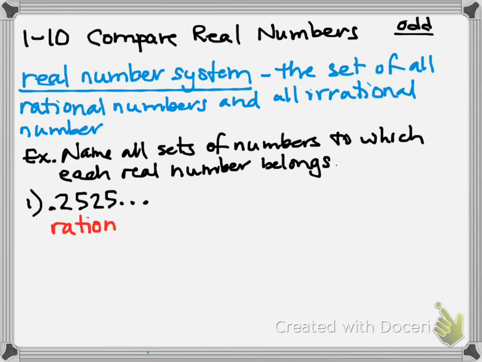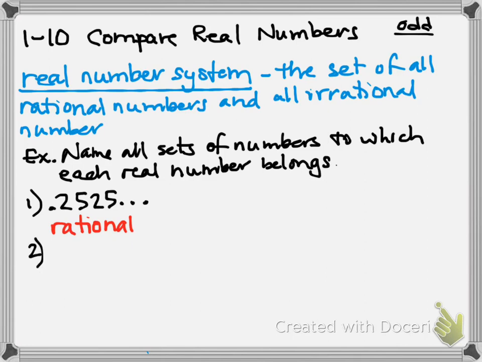Because they weren't whole numbers. That took them out of integers, out of whole numbers, and out of natural numbers. So the only place that could go would be rational. Now when it comes to irrational numbers, yes, they are decimals, but they don't repeat and they don't terminate. All right, let's try another one.